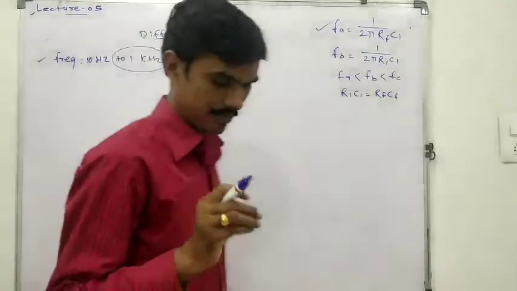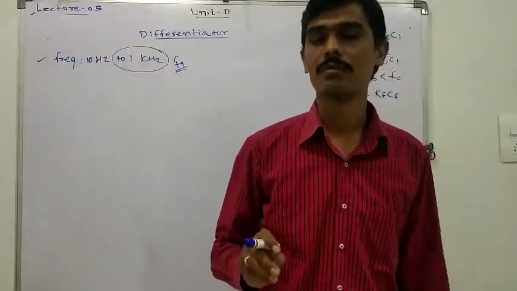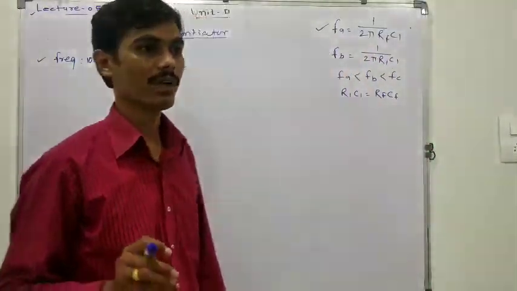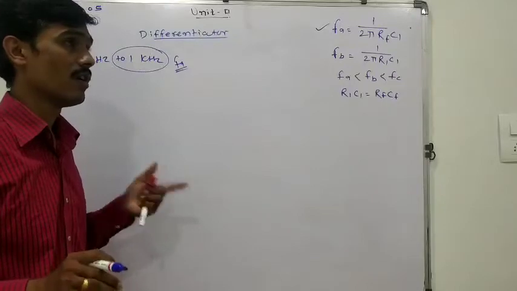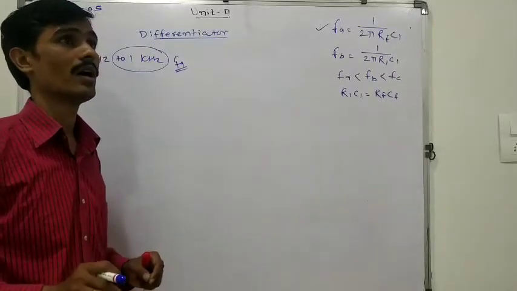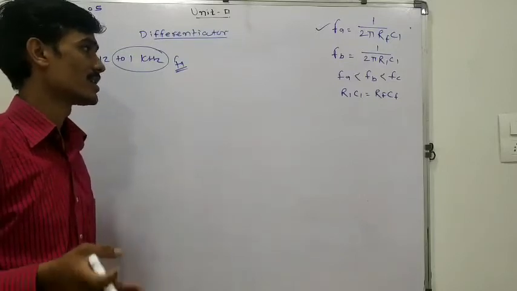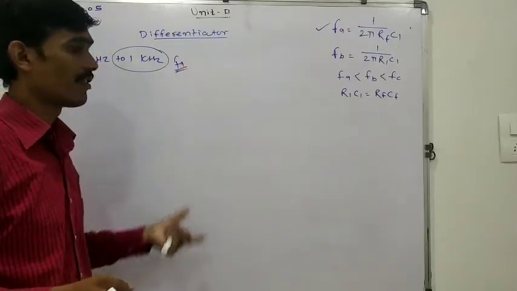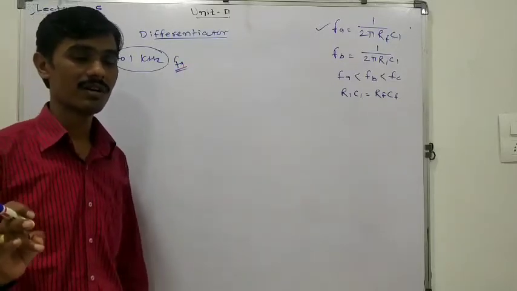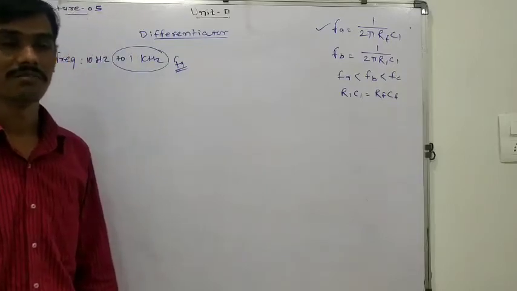if you want to draw the circuit diagram of a differentiator, you can draw the circuit diagram first, or if you know the formula and remember the circuit, you can draw the circuit after evaluating all the values, that is RF, R1, C1 and CF.